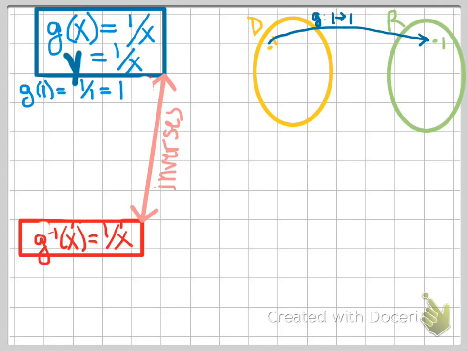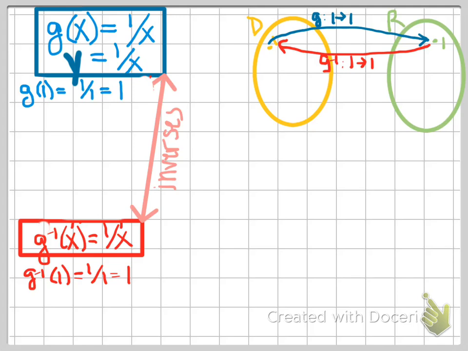So my g function maps from 1 to 1. Let's test it in my inverse. The inverse function of 1 is 1 over 1 with substitution, simplifies to 1. So it's correct. The inverse function maps from 1 to 1. It works. They're inverses of each other.